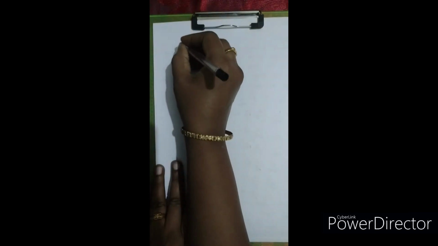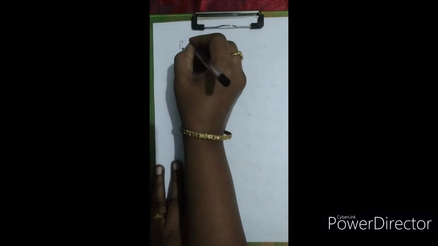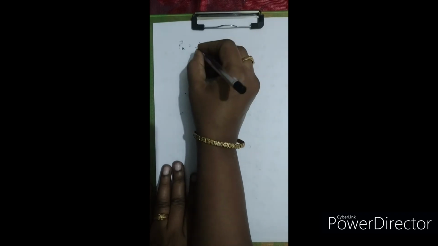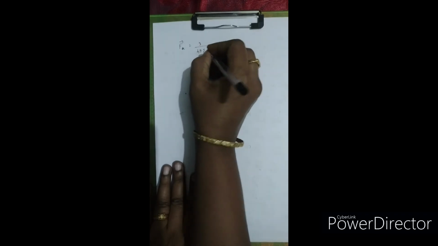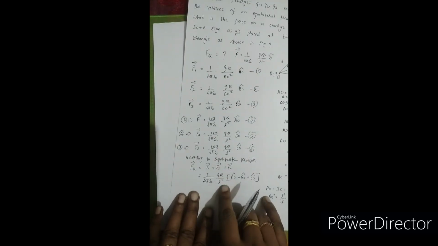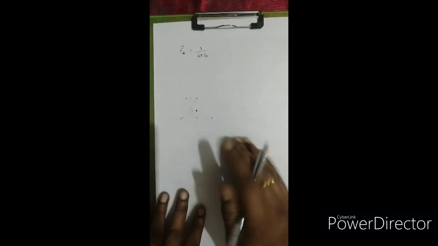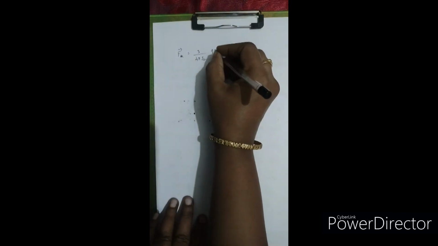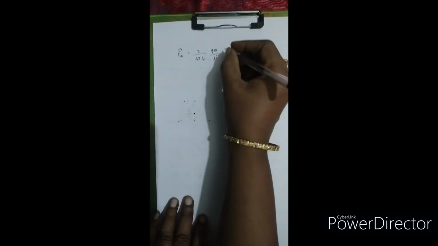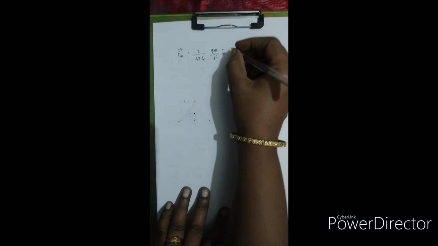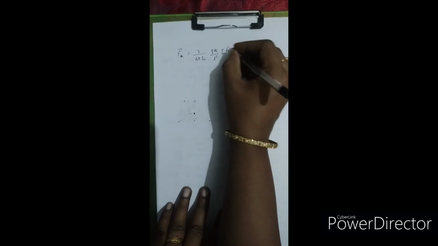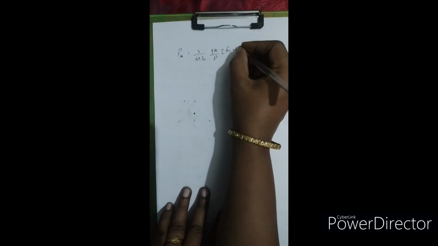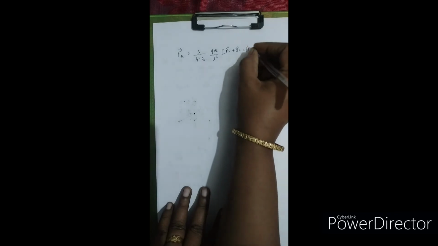So what is force on charge Q, children? It is 3 divided by 4 pi epsilon naught small q capital Q divided by L square into AO unit cap plus BO unit cap plus CO unit cap.